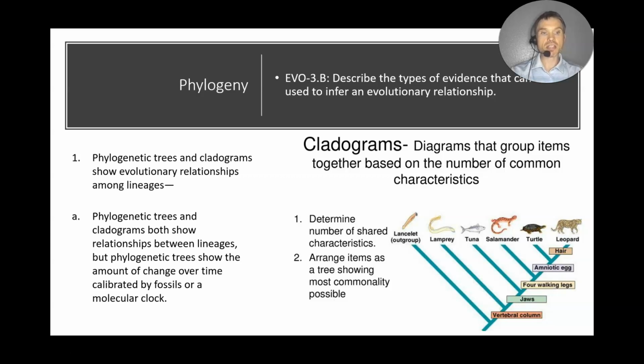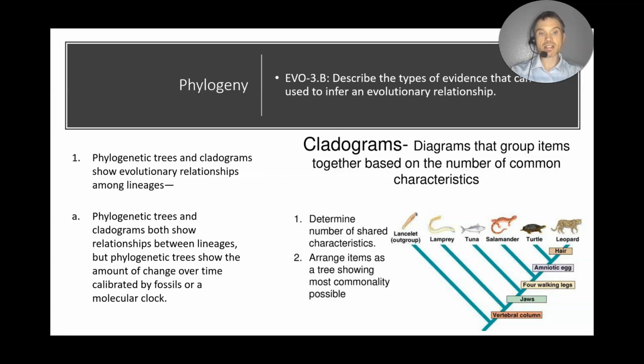But what you do see is that the species are separated based upon shared characteristics. It is these shared characteristics that allow us to arrange the items in the tree in a way that makes the most common sense, and we'll address that concept in the next couple of slides. So you can see in this particular example that the vertebral column, which is basically our spinal cord.